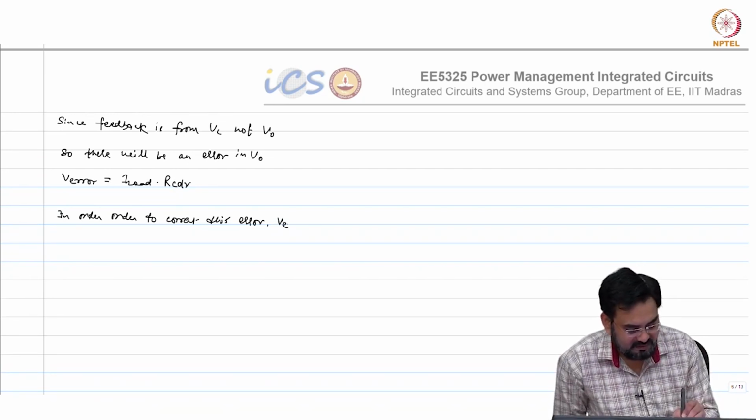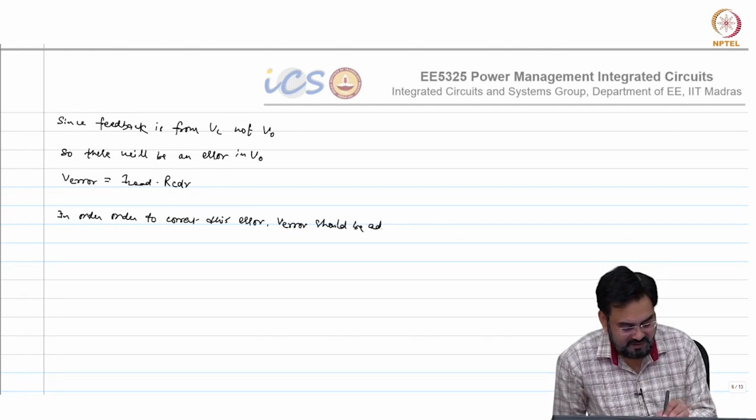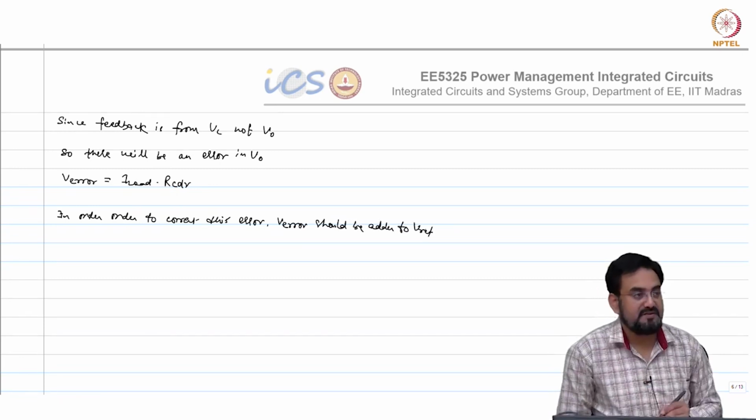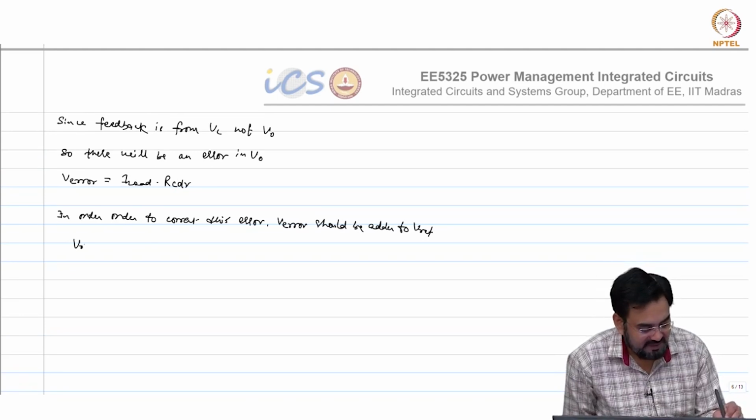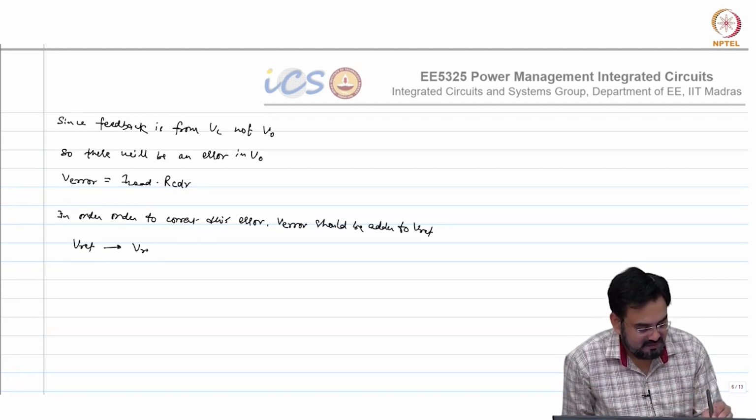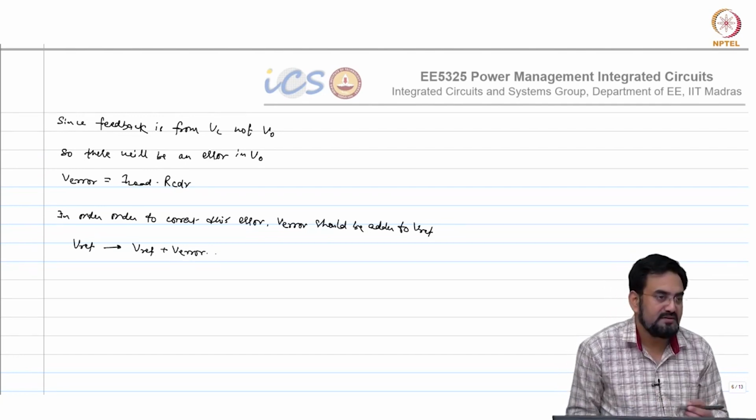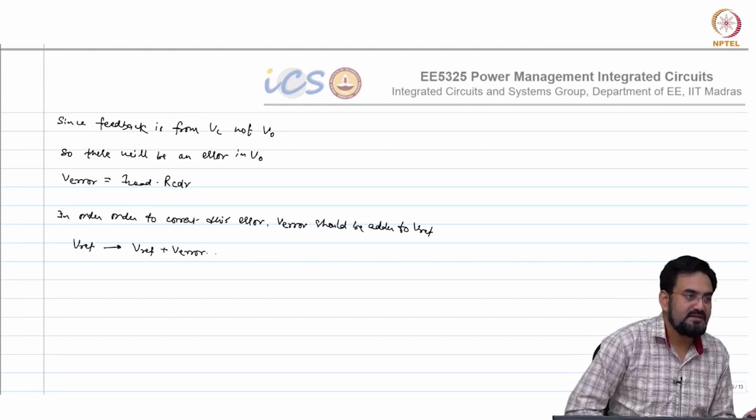V error should be added to Vref, correct? So, if I make Vref plus V error, then output error will be 0.